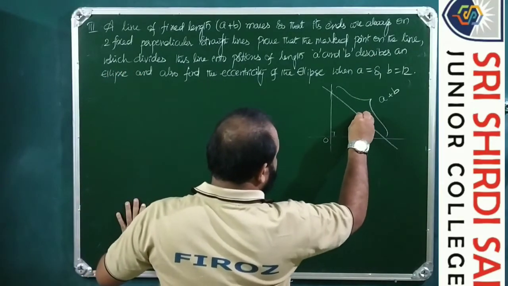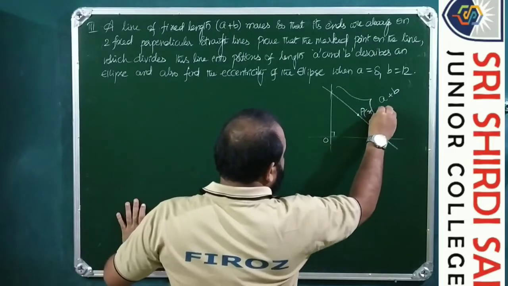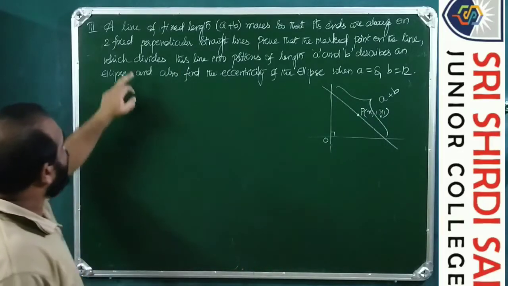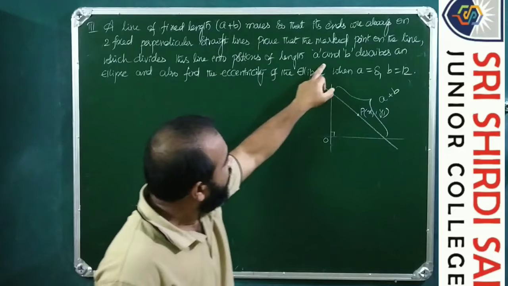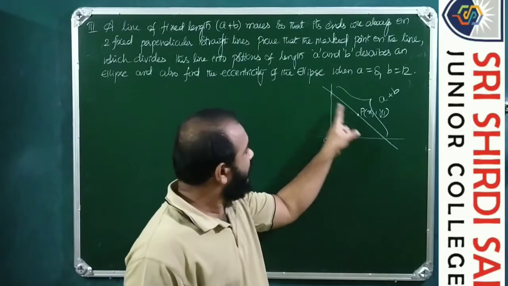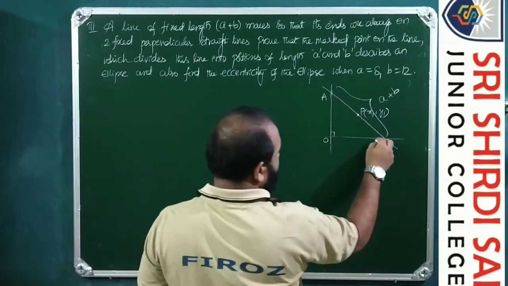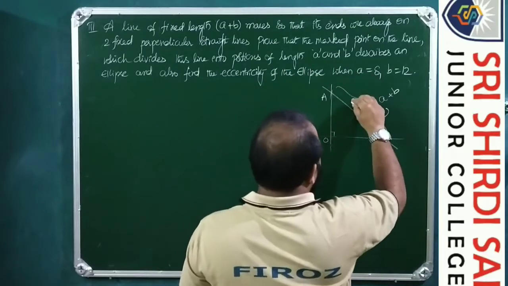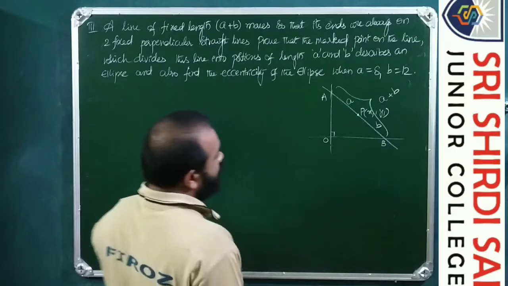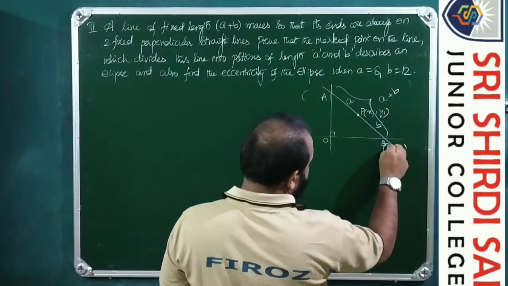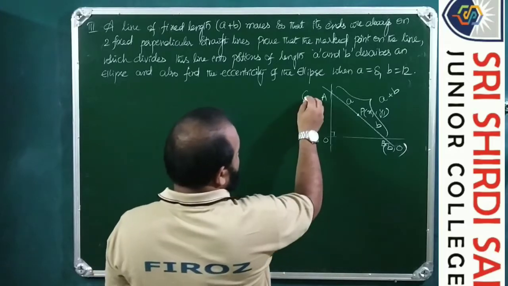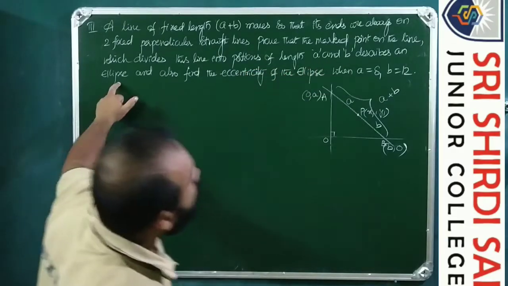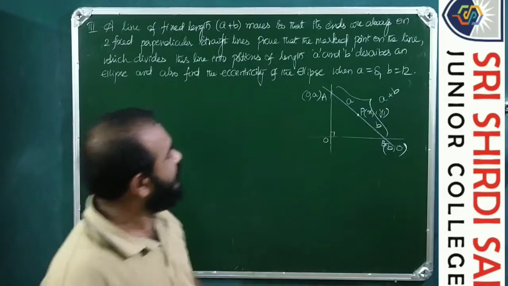So, let this be the marked point P x1 comma y1 be the marked point on this line, which divides this line into portions of length A and B. So this P divides this line AB into portions of lengths A and B. So this is A and this is B. So that means this is B comma 0 and this is 0 comma A, into portions of length A describes an ellipse and also find the eccentricity of the ellipse.